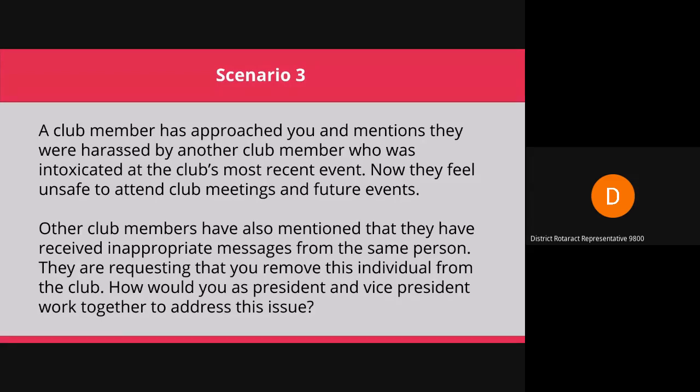Listen to both sides of the story, see what's happened, talk to your district Rotaract representative or any other Rotarian as well. There were also others who said that they would look at their club bylaws, look at their constitution, see what can and can't be done legally within that area.